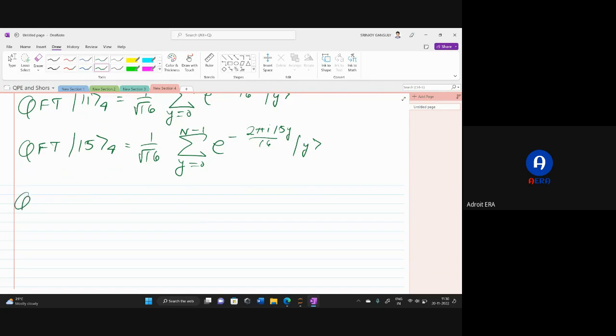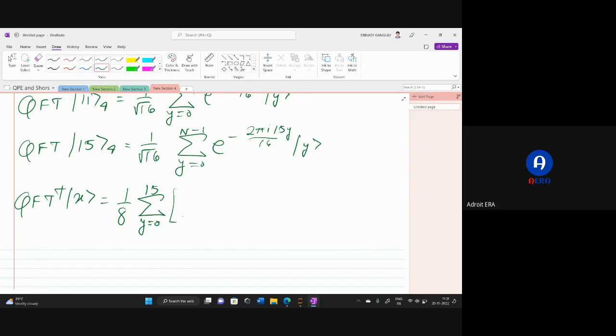So basically QFT dagger has been applied to the x register, okay? And we are going to get 1 by 8. Let us take the summation outside, because the summation is the same for everyone. The summation will go from y is equal to 0 to 15. And let us just sum all those e to the power terms together, okay?